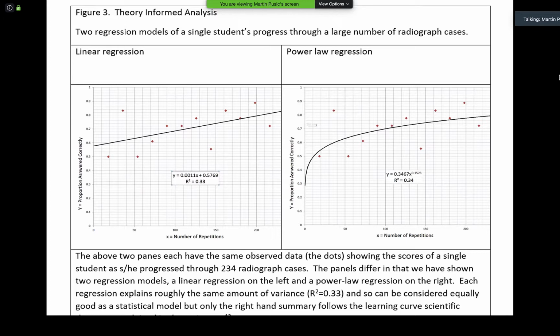But if you look at the straight line, what that means is that with each and every x-ray I do, I get better, and eventually I am going to score higher than 100%. Whereas we know that learning follows an asymptotic learning curve, so that we can approach 100%, be really, really good at the thing, but we can never exceed that. And we have good scientific theories that explain this.